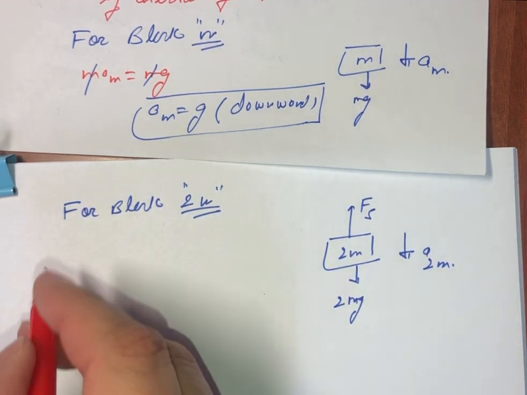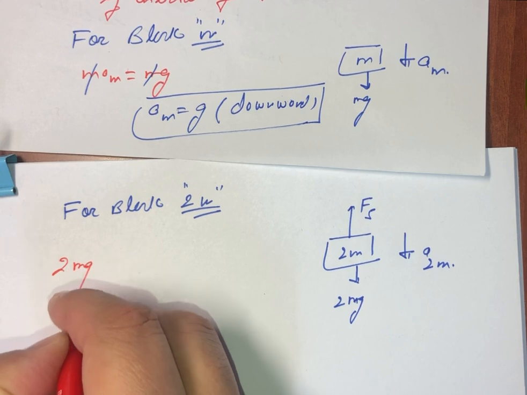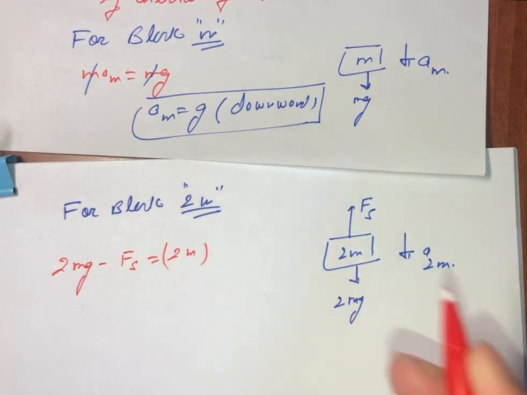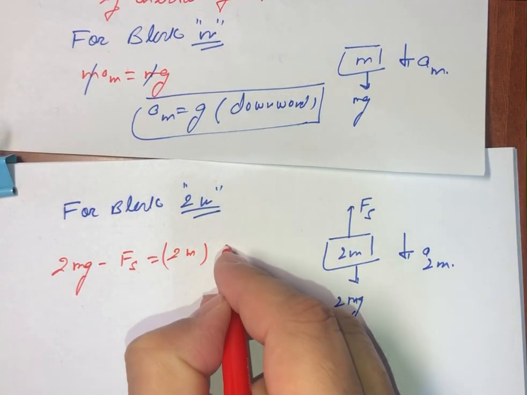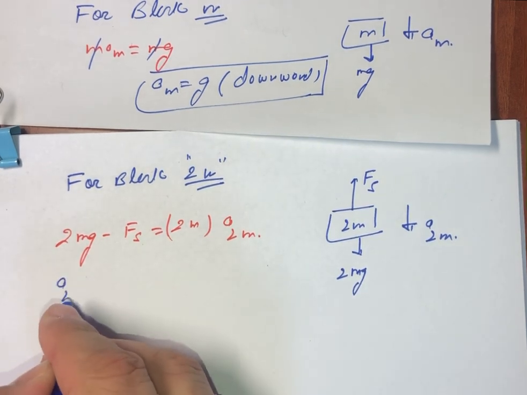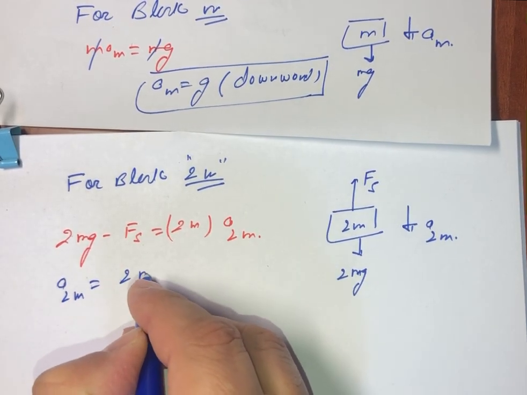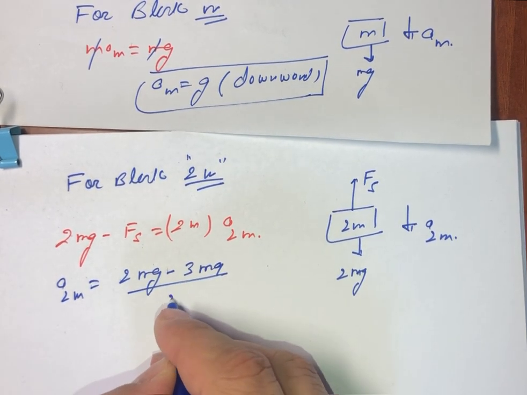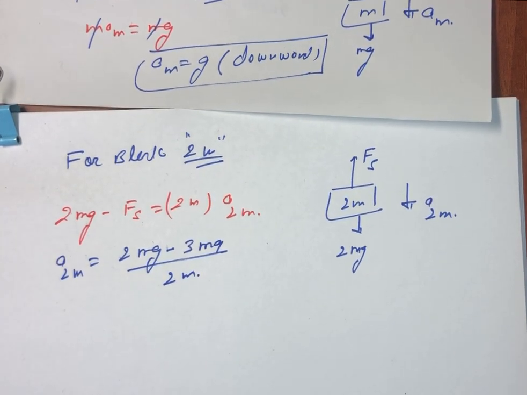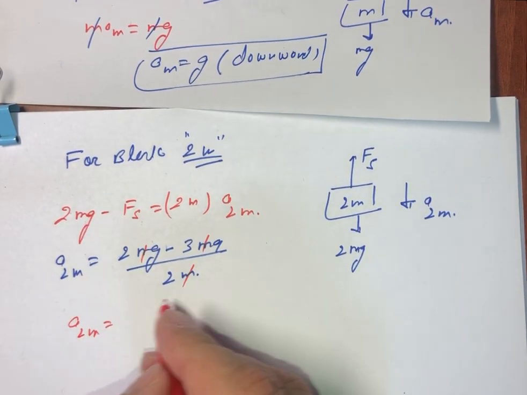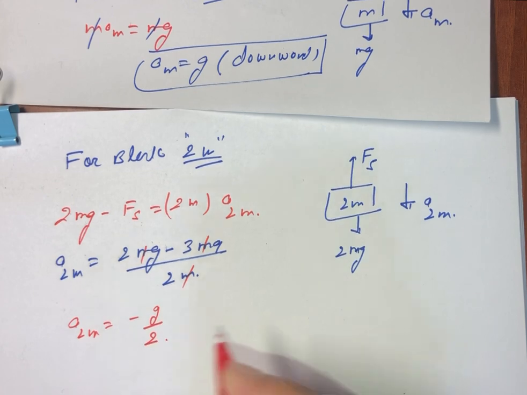Therefore we can write the equation as 2mg minus Fs is equal to 2m multiplied by a_2m, and Fs is our 3mg. We substitute here, we get a_2m is equal to (2mg minus 3mg) divided by 2m, and m cancels out, so a_2m is equal to minus g upon 2.